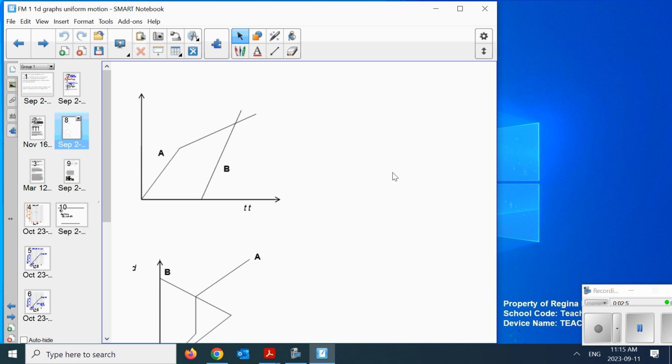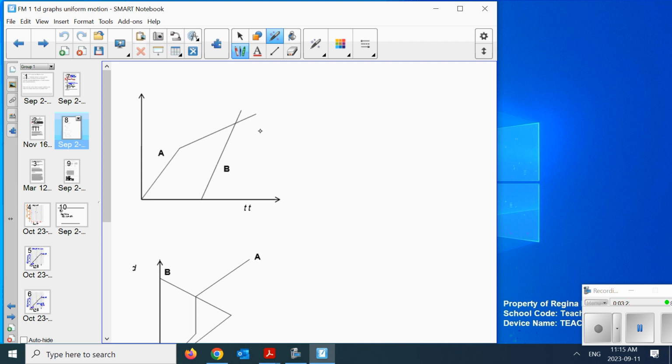So let's describe A. This, then this. It's positive both times, so they are traveling to the right. But how does the first part of the journey compare to the second? There is a difference.